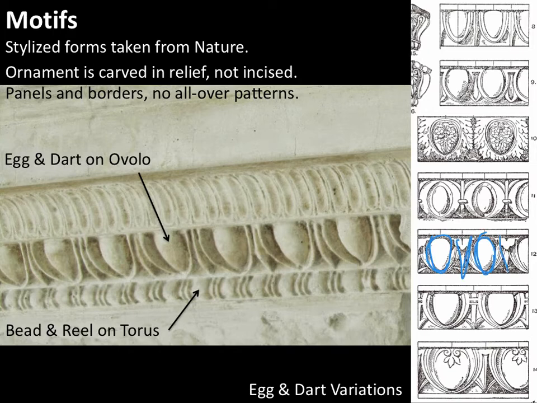Then you have a torus shape that is also then carved into a bead and reel. So there's a bead and either side is a reel, and then another bead and a reel.